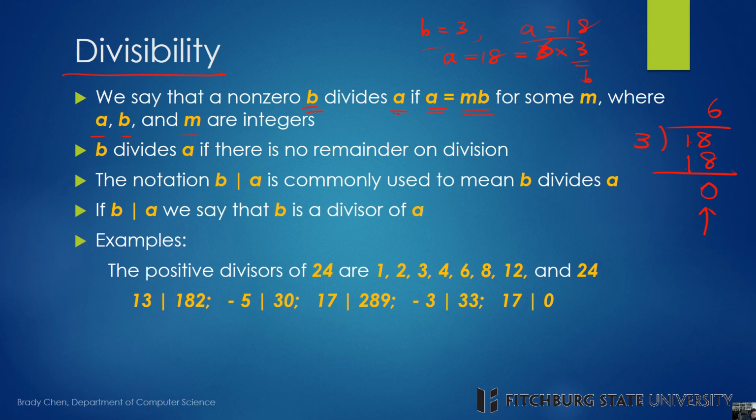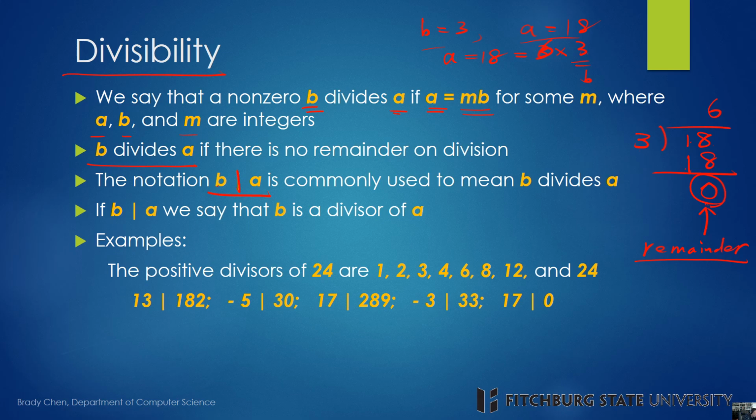So 0 is the remainder. In this case, the remainder is 0, so that means 3 divides 18. Now in math, we use the notation B, and a vertical line, A, to mean B divides A.